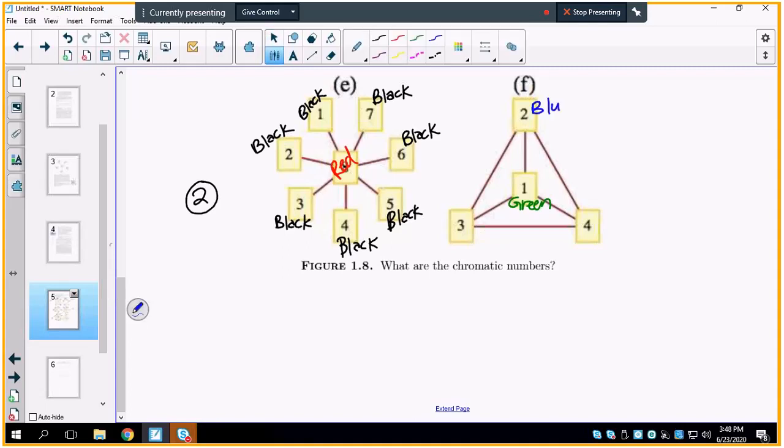This is pretty similar to graph A in the fact that all of them are connected to all of the others. So eventually I'm going to find that I actually need 4 colors for this graph. This graph will have the chromatic number 4.